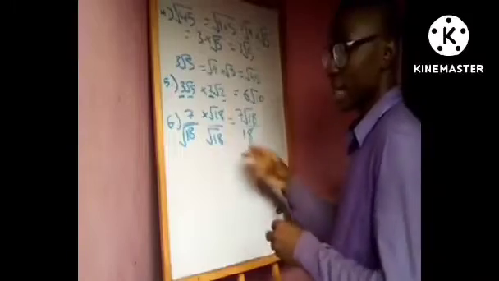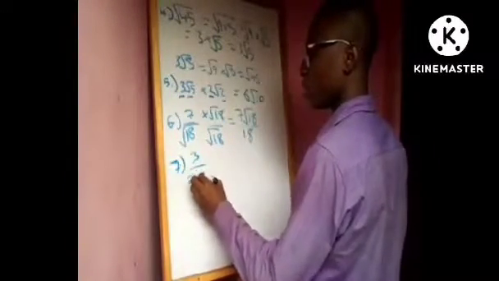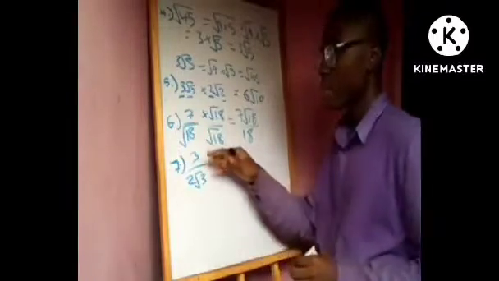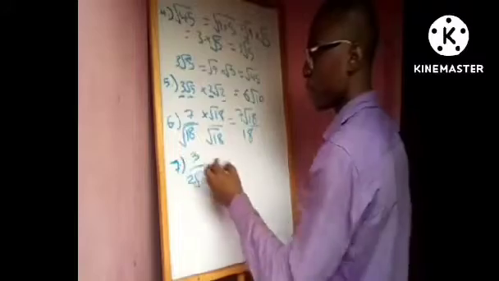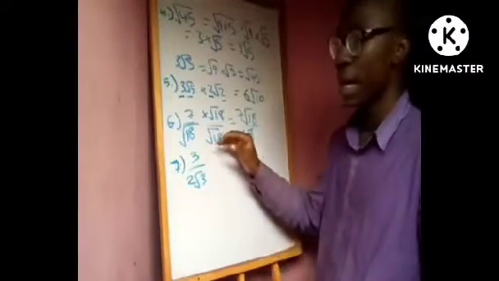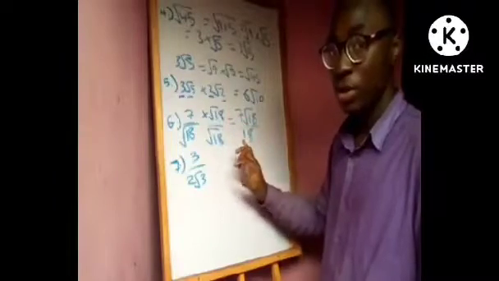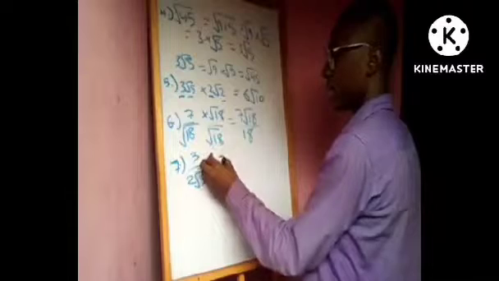Now, let me give another example of division. For example, if we have 3 over 2 root 3. If we were to rationalize this denominator, in order to perform this division, we have to multiply both the numerator and the denominator by the value of that surd. So the surd here is root 3. So we multiply up and down by root 3.